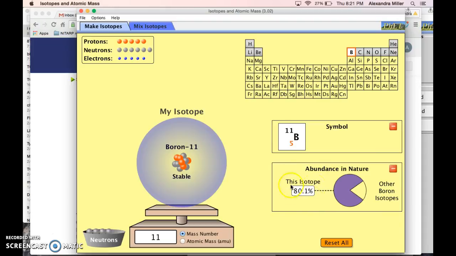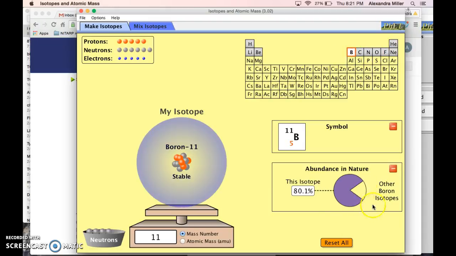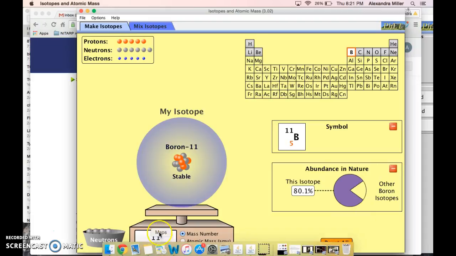It has an 80% abundance. So it's the most abundant, it's just much less abundant than helium, which is 99.99999%. So boron has 20% isotopes other than boron 11.